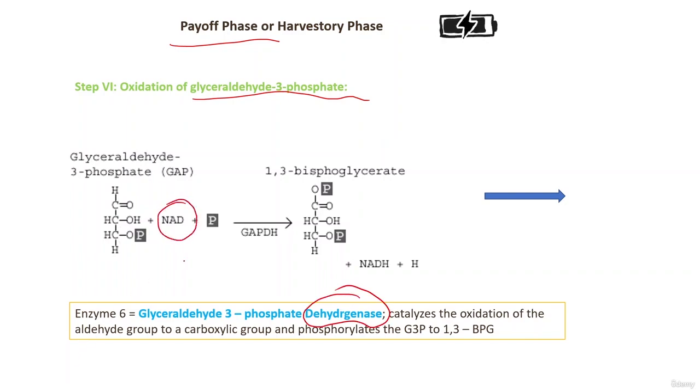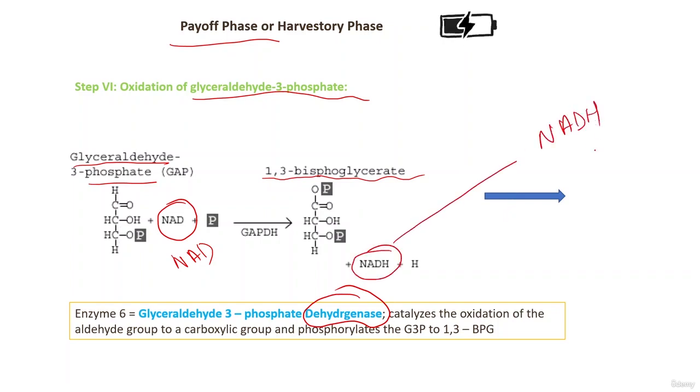This dehydrogenase enzyme catalyzes the oxidation of the aldehyde group to a carboxylic group, which also phosphorylates. The glyceraldehyde 3-phosphate is phosphorylated and becomes 1,3-bisphosphoglycerate, and one NADH is produced here.